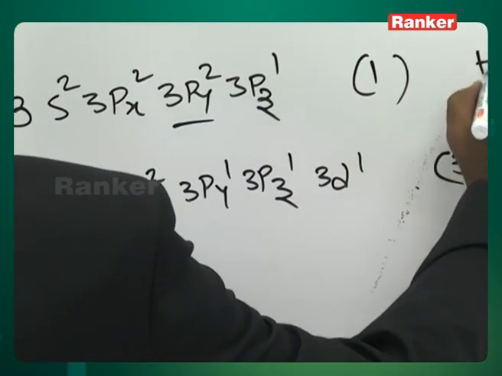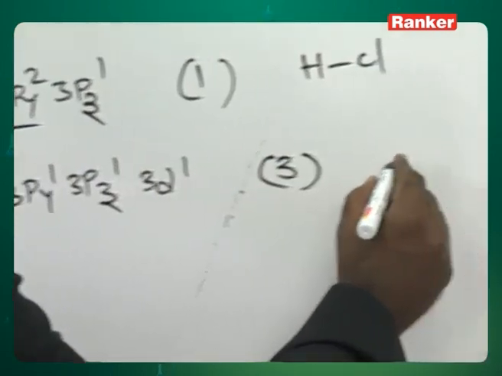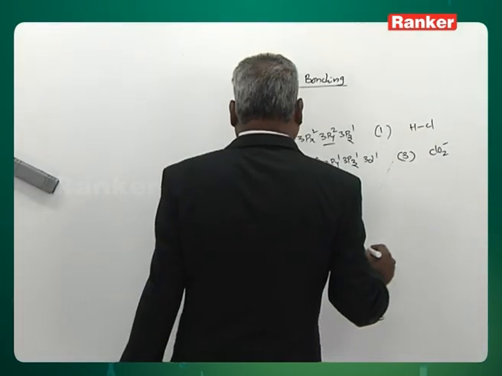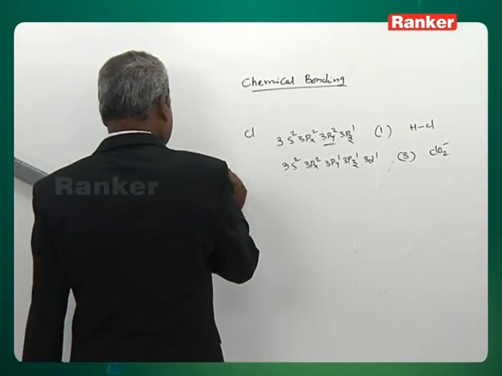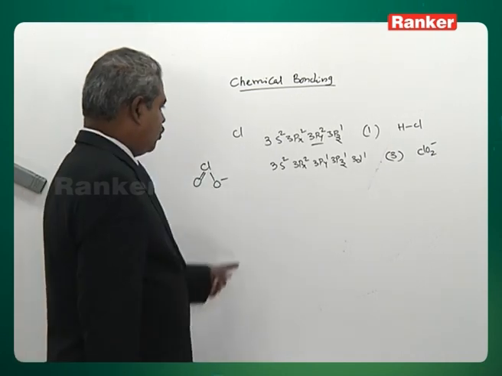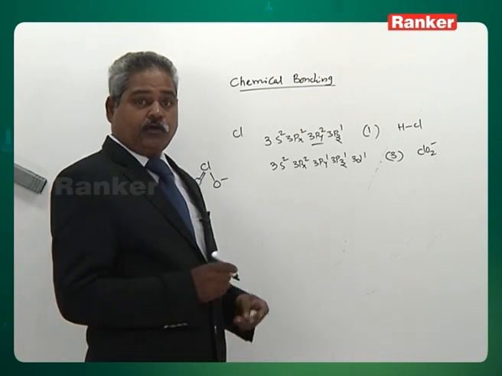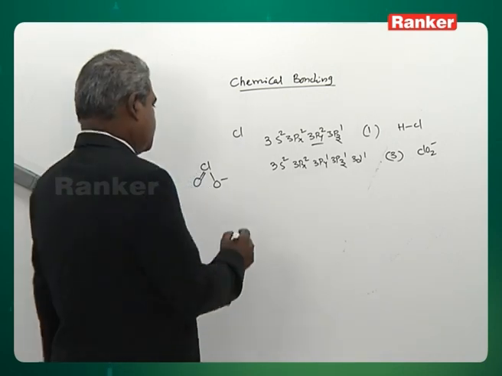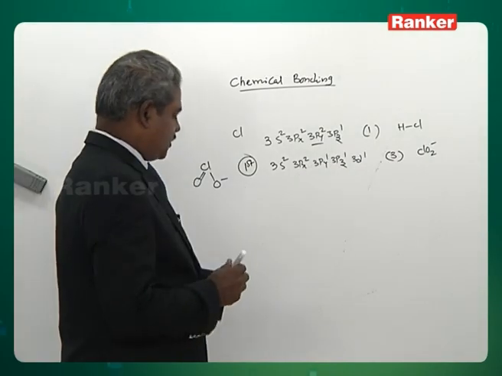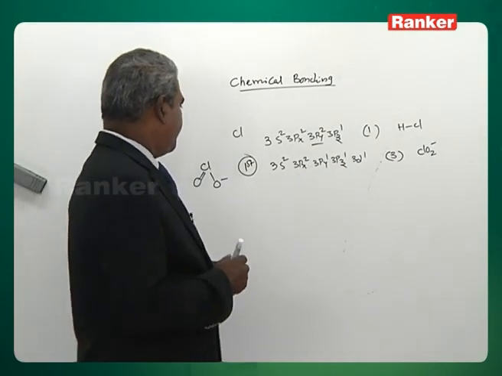So 1 bond as in the case of HCl. 3 bonds as in the case of ClO2 minus. How to draw the structure of ClO2 minus? Look here. In ClO2 minus, chlorine is forming 3 bonds. How can chlorine form 3 bonds? This is called the first excited state, after breaking 1 pair.